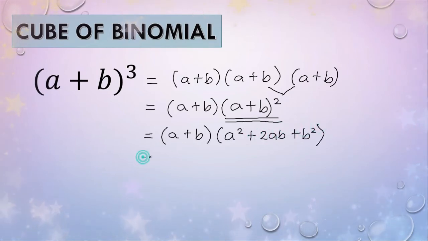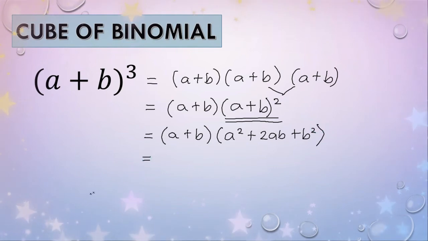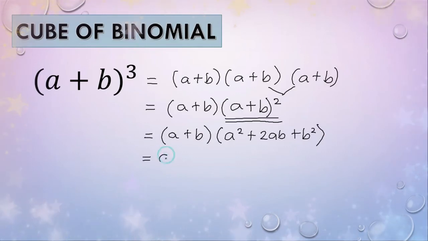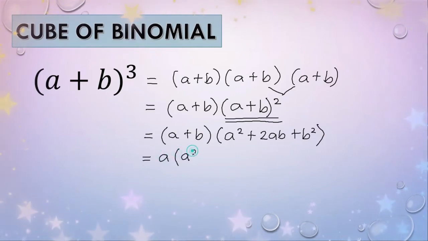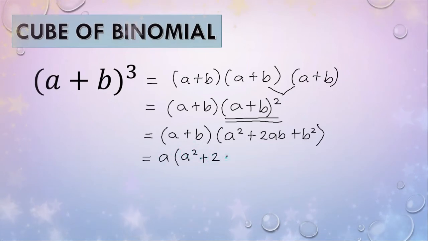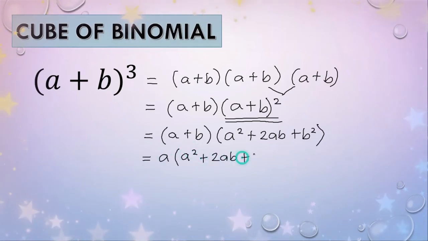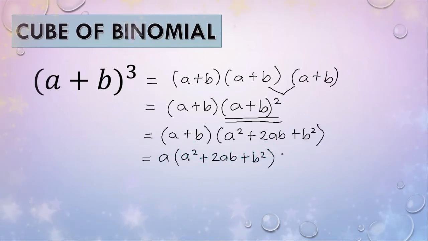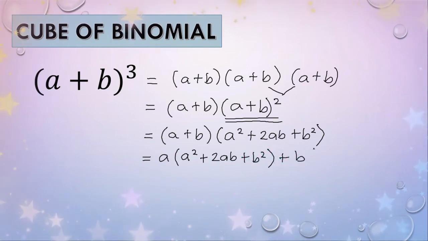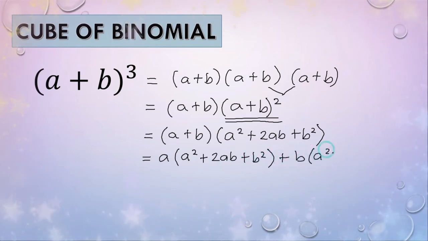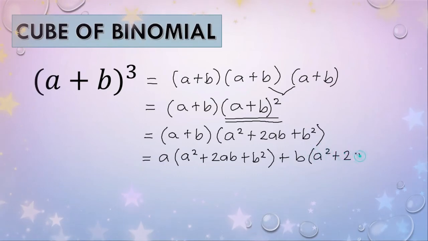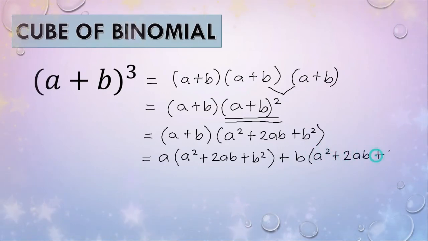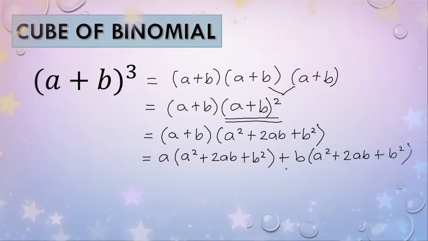And by the distributive property of equality, we're going to distribute a and b to the second factor. So it will equal a times a squared plus 2ab plus b squared, plus b times a squared plus 2ab plus b squared.